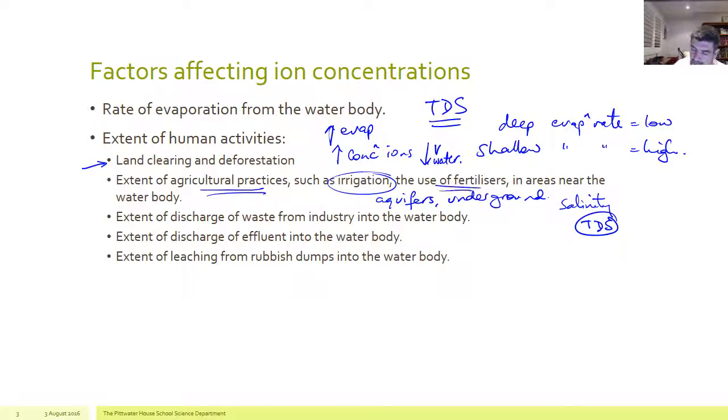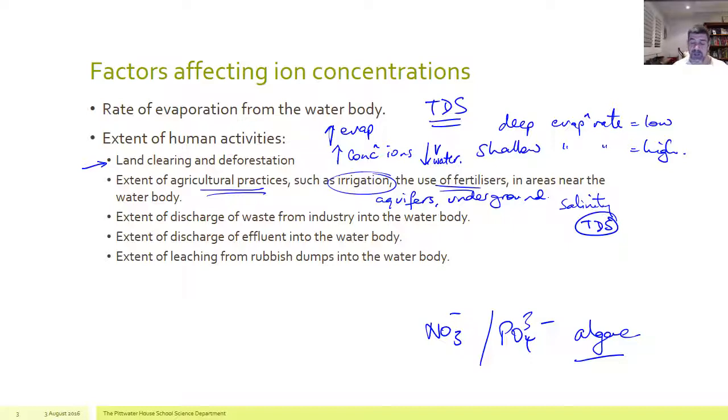Fertilizers that we talked about before, things like eutrophication, is a very important effect that occurs when we have particularly nitrates and phosphates present in our fertilizers, which then wash into the waterways and encourage the growth of things like algae and lead to algal blooms.